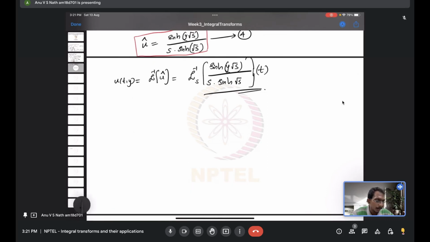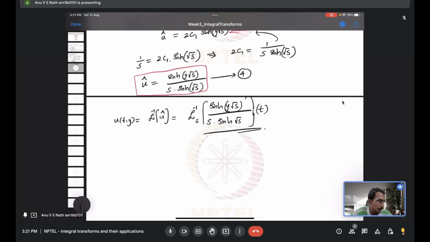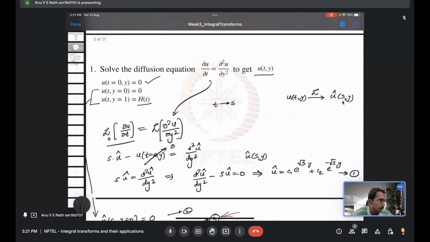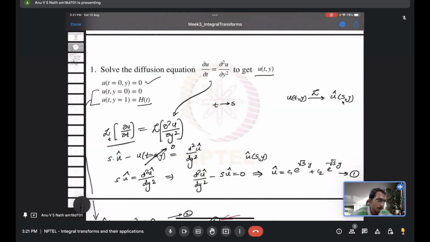So until here what we have done is that we had the partial differential equation, dou u by dou t is equal to dou square u by dou y square, the general form of the diffusion equation.